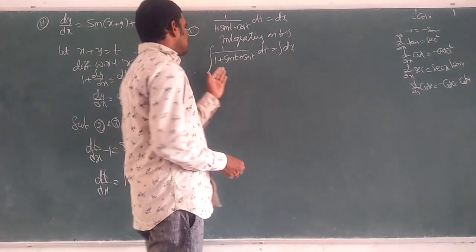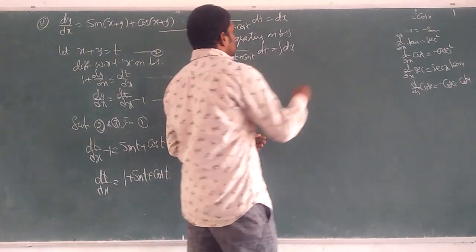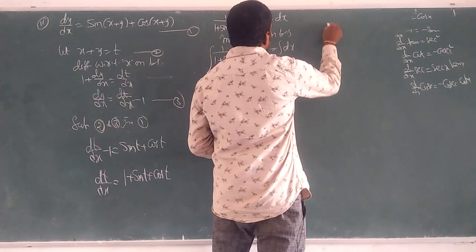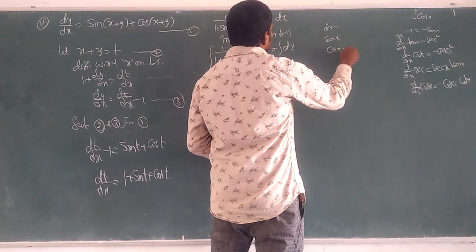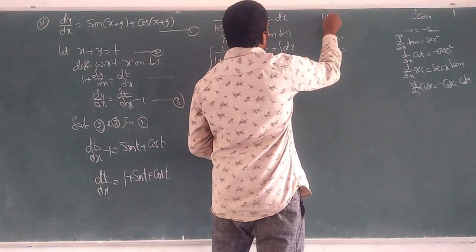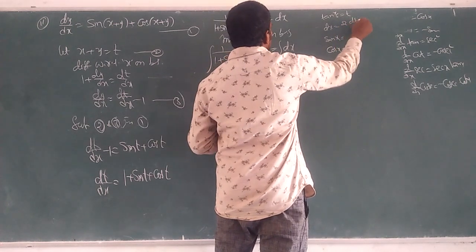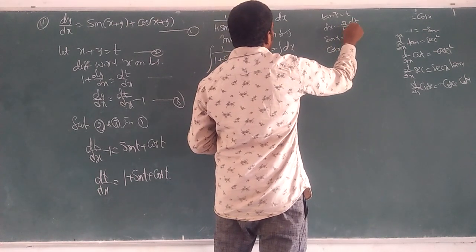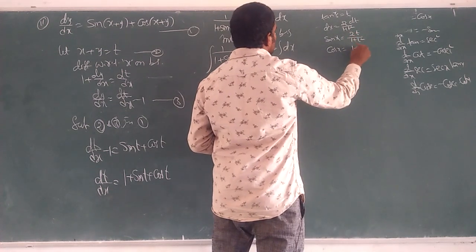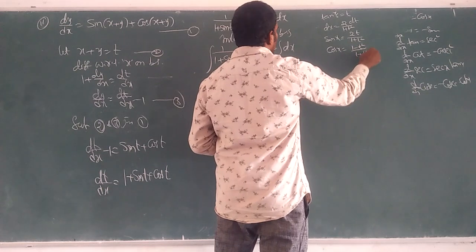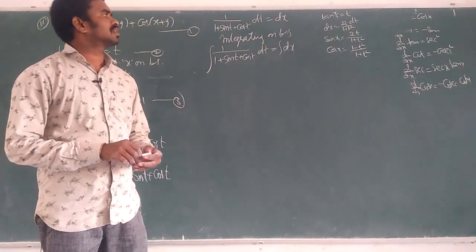Generally, speaking in terms of sin x and cos x, you can take tan x by 2 is equal to something, dx is equal to 2 dt by 1 plus t square, sin x is equal to 2t by 1 plus t square, cos x is equal to 1 minus t square by 1 plus t square. Okay, these concepts we use in the integration chapter.